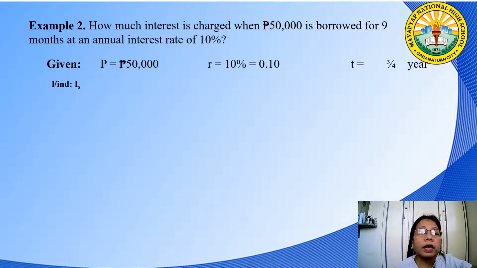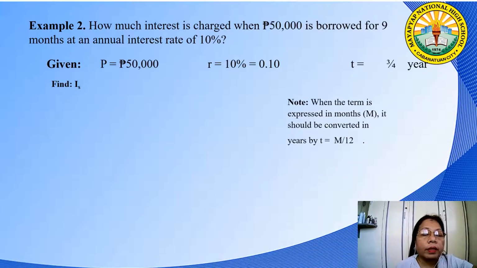So you are asked to find the simple interest. Note that when the term is expressed in months, it should be converted to years. So T equals number of months divided by 12, since in 1 year there are 12 months.